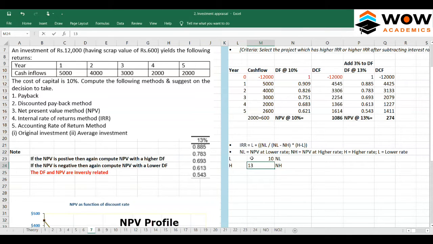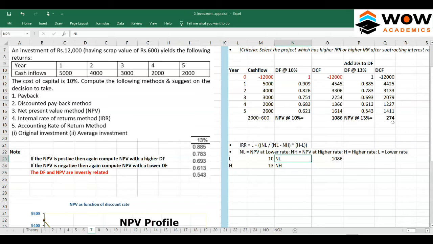What is the NPV at the lower discount factor? When you used the lower discount factor, what is the NPV here? NPV is 1086. Again, students sometimes do a wrong thing. They assume that the NL is the lowest NPV, so what they do is they take 274. That is a wrong approach.